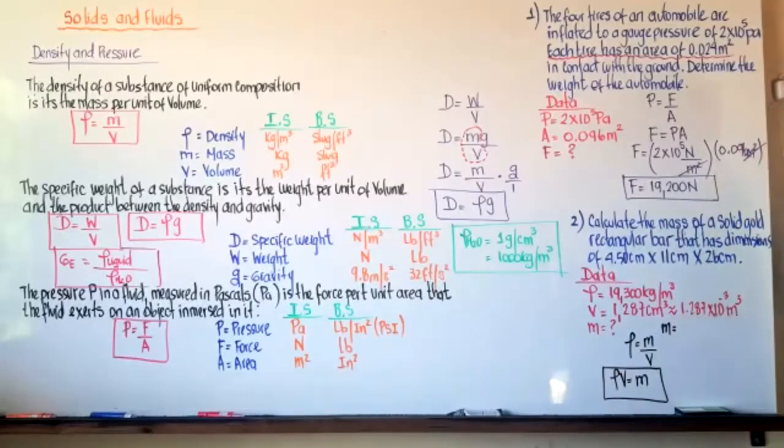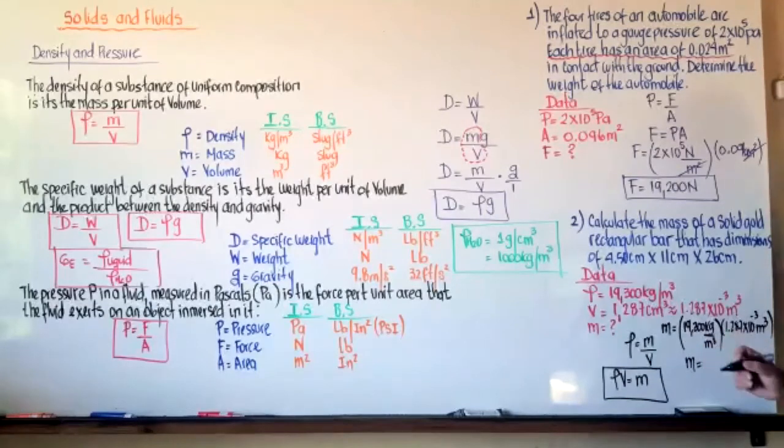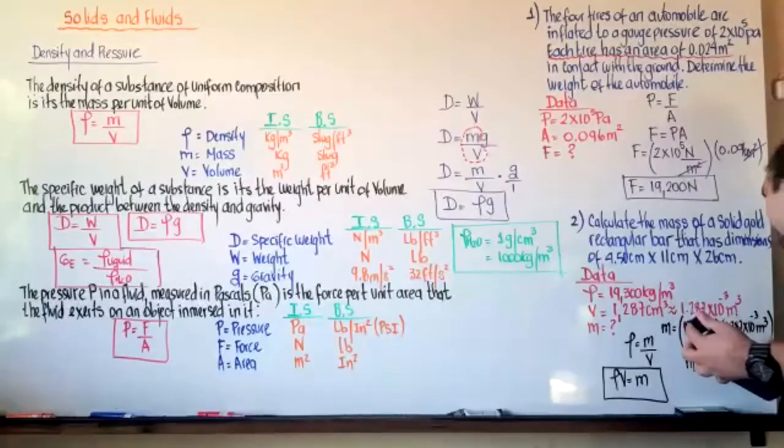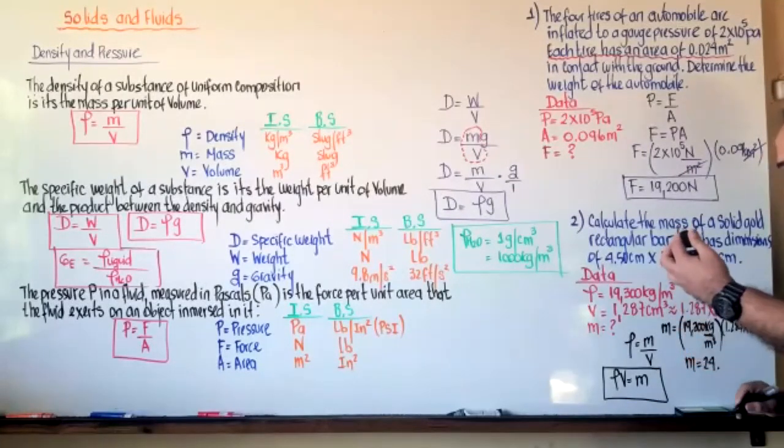Again, the mass will be equal to density, 19,300 kilograms per cubic meter, multiplied by 1.287 times 10 to the negative third power cubic meter, and the result will be given by 24.84 kilos.